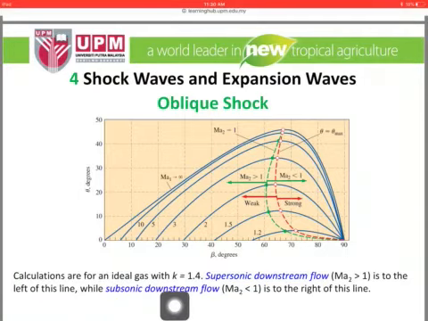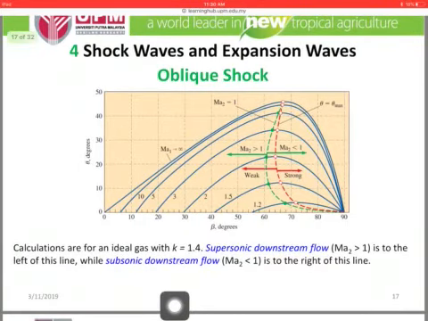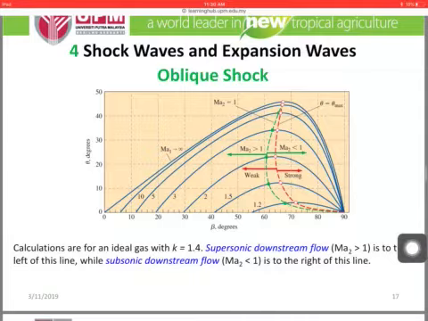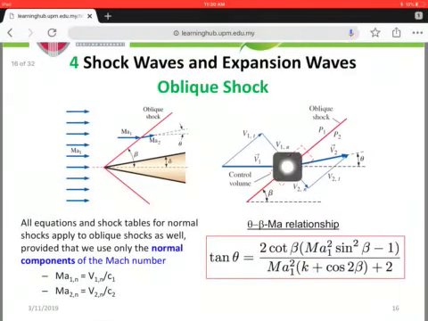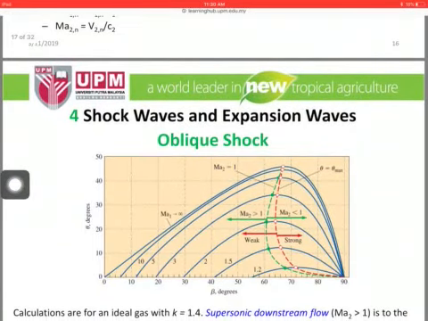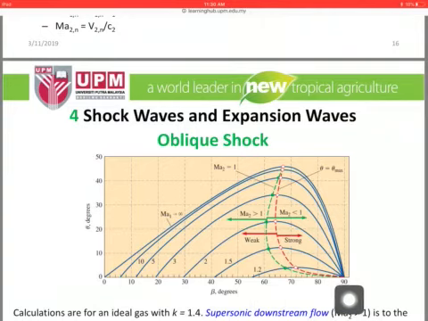Okay, now there are many things that we can learn from this diagram. If you look at here, the turning angle will only appear when the shock angle, which is this angle, is bigger than 0 and also lower than 90 degrees.